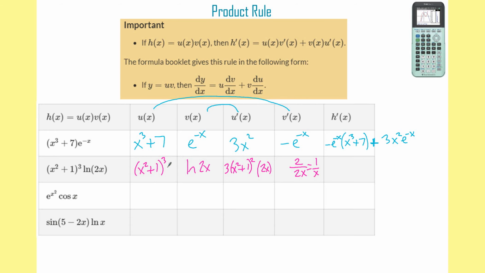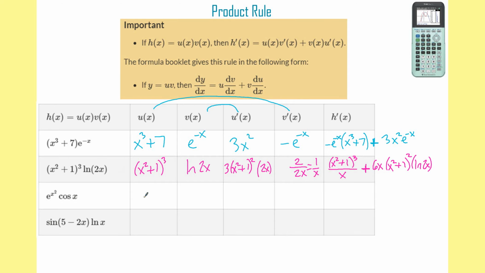Now we match them up. So we have x squared plus 1 cubed over x, and then we're adding that with the inside ones. Lots of things to multiply, so let's make that 6x times x squared plus 1 squared. I just did 3 times 2x. And then times your natural log of 2x.